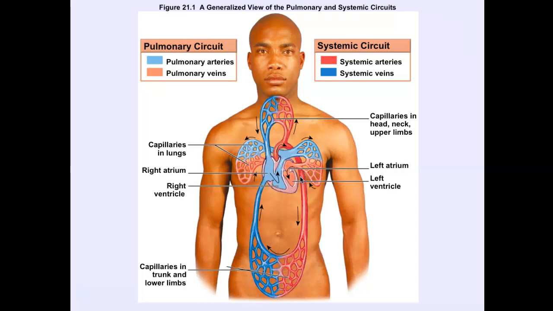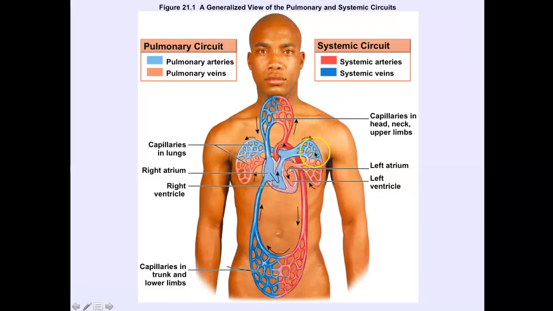Now, let's look at the circuits. The heart is going to receive deoxygenated blood, or another word is oxygen poor blood, from the body. Okay, so it's going to receive that blood on the right hand side, and it's going to pump that blood to the lungs.